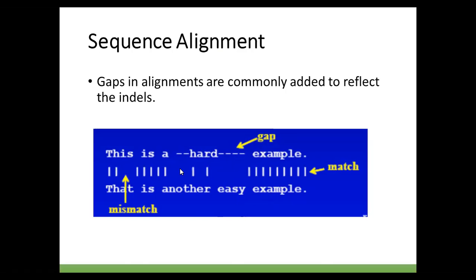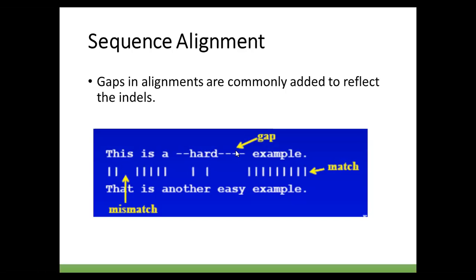That's mainly because there are indels, insertions and deletions, which happen during evolution. While these variations happen, insertions and deletions occur, so we require these gaps to represent them.